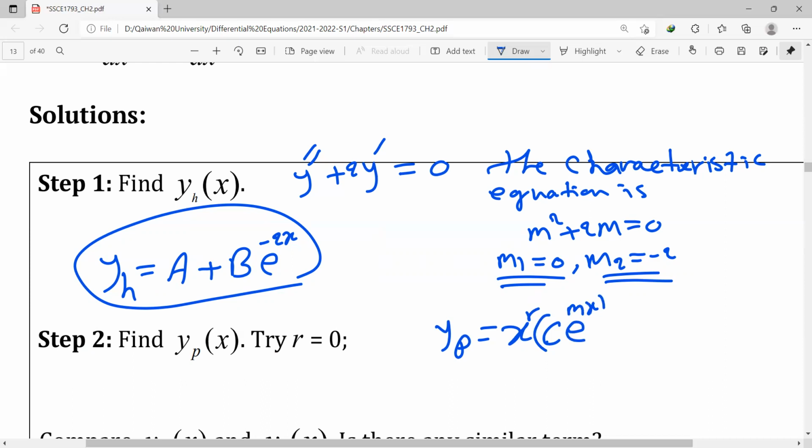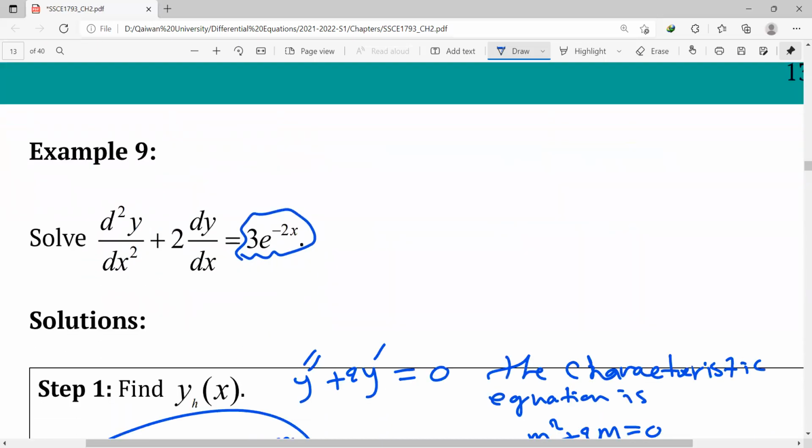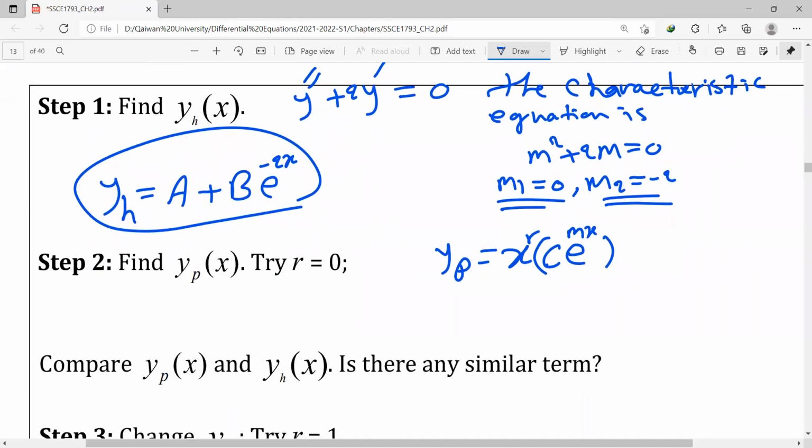What's m? m is the coefficient of x in the exponent on the right-hand side of the equation. It's this one. This is m. m is -2.